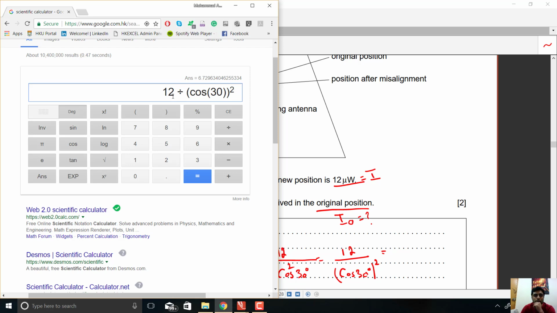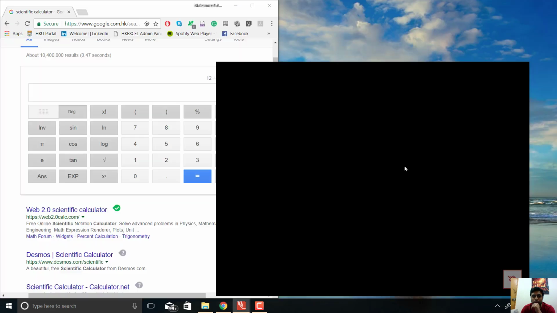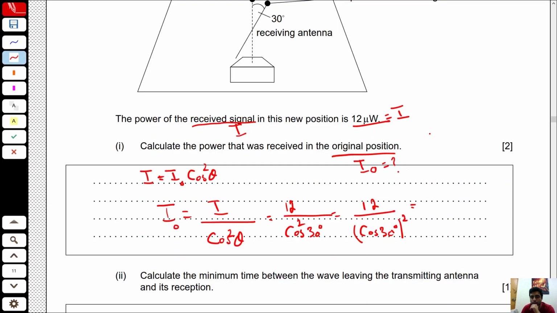Yeah, 12 divided by cos of 30, then whole square. Now we have 16 microwatt. So it's going to be 16 microwatt. You can keep the answer as it is, or you can convert micro into the SI unit.